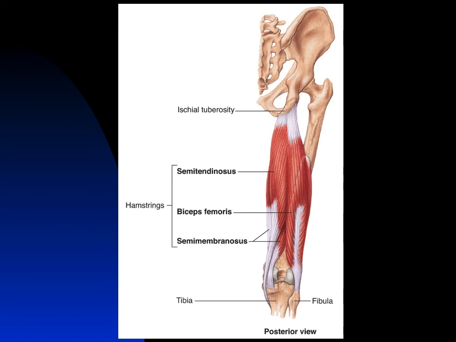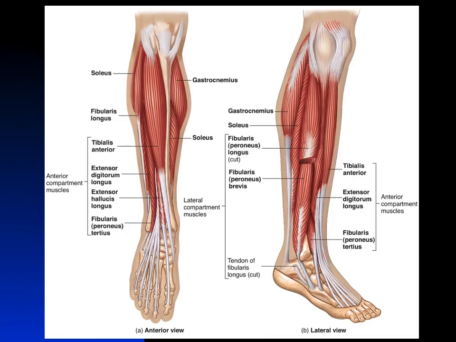Okay. And then there are 3 more muscles that we're going to know on the lower leg. These are the muscles that do plantar flexion and dorsiflexion. The 2 muscles that do plantar flexion are the gastrocnemius and the soleus. These are inserting by the Achilles tendon on the calcaneus, and they come from fascia on the back of the tibia.